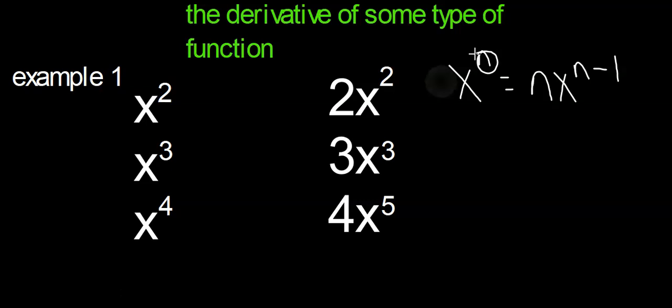We can apply this in literally every question, and you're gonna see me apply this principle in the examples. So just bring down the constant number and subtract 1 from the exponent.